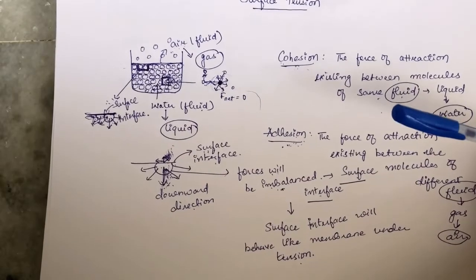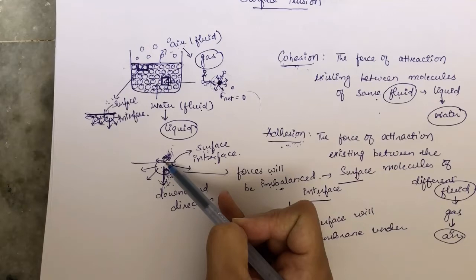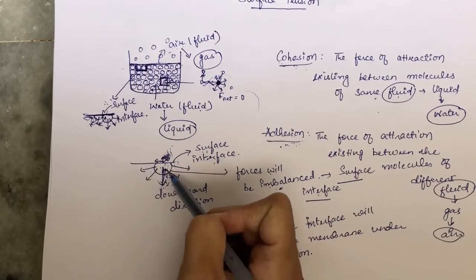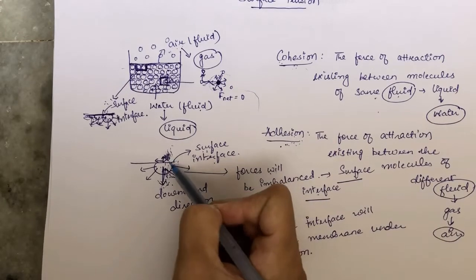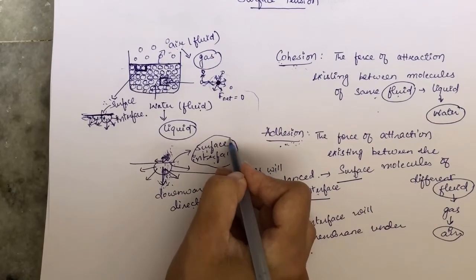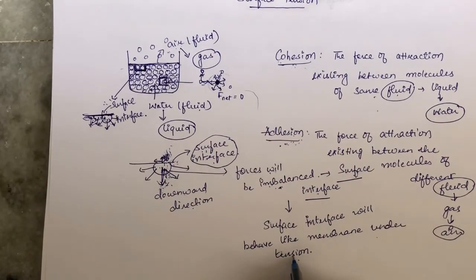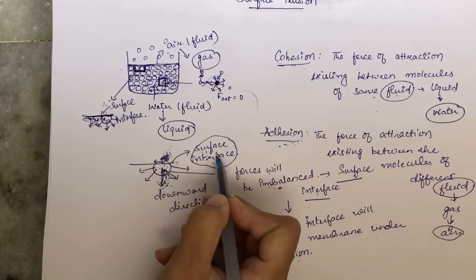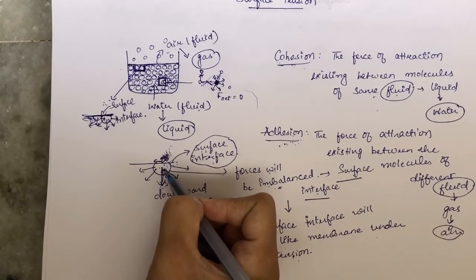Once again we recall it: it is defined as the tensile force which is acting on the surface of a liquid when it comes in contact with a gas or air, and at that point the surface will behave like a membrane under tension. And why does it behave like a membrane under tension? Because of the imbalance of forces that is created at the surface interface. And why is that imbalance created?